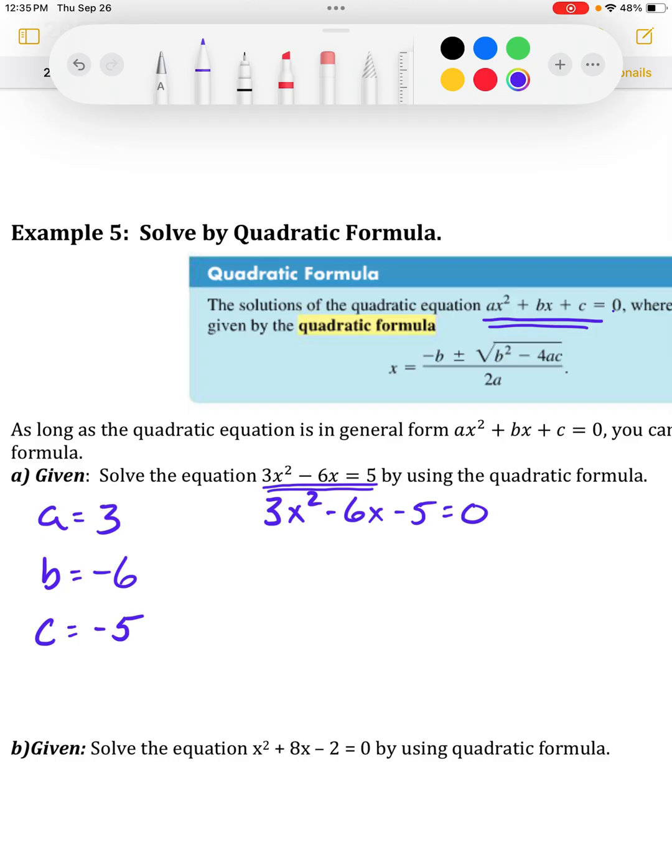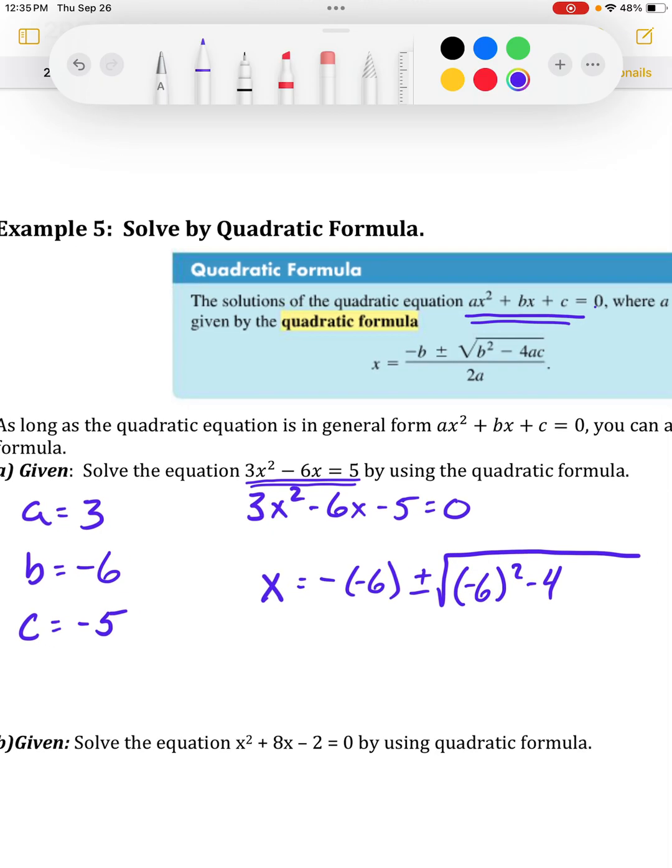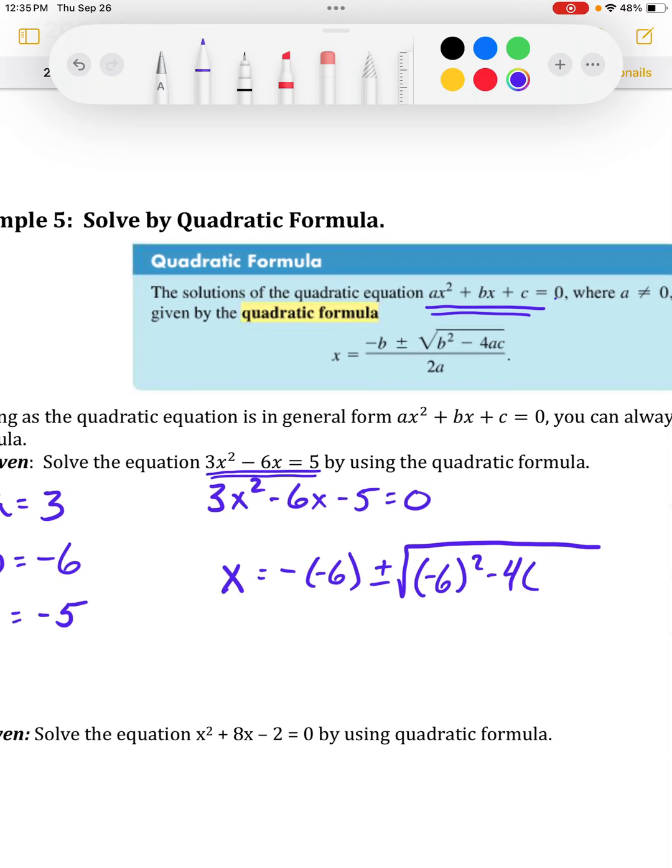All right, so now all we do, if we memorize that formula, is plug it in. So we have x equals -6, because that's B, plus or minus the square root of -6 squared minus 4 times A. Well, A was 3 and B was -5, all over 2 times 3.